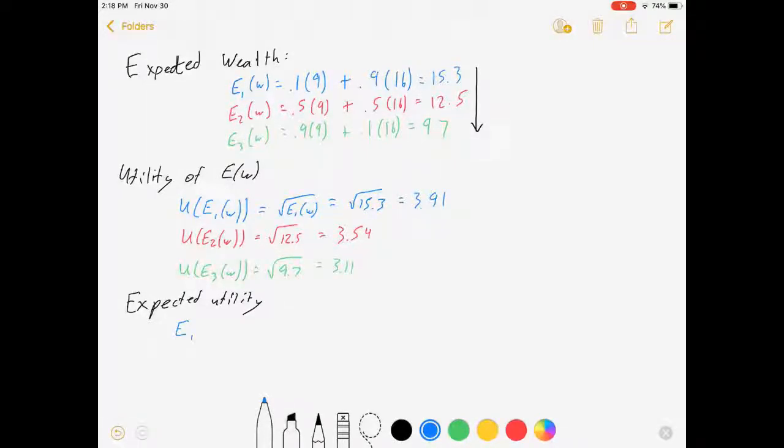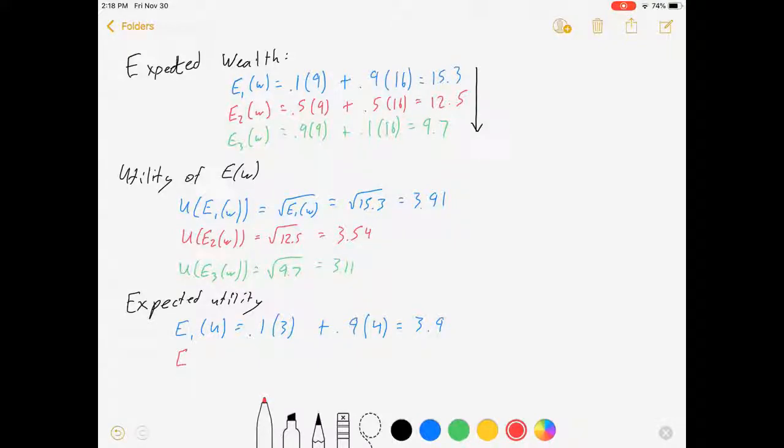Expected utility under the first distribution is 0.1 times my utility of the low event, which was 3, plus 0.9 times my utility of the high event, which is 4, and this thing comes out to 3.9.